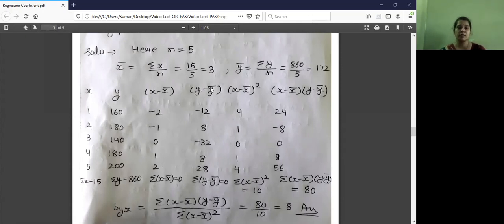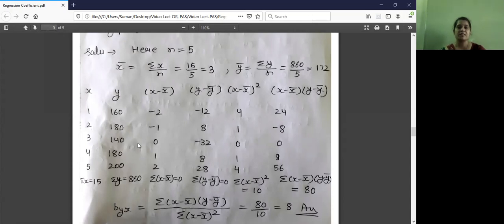And our next column is y minus y bar. So what is the value of y bar? Y bar is equal to 172. So here we write 160 minus 172 is equal to minus 12. 180 minus 172, that means 8.